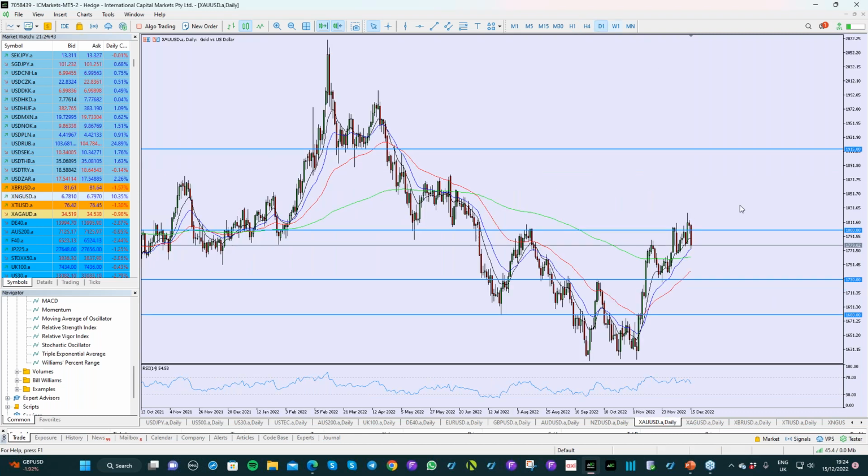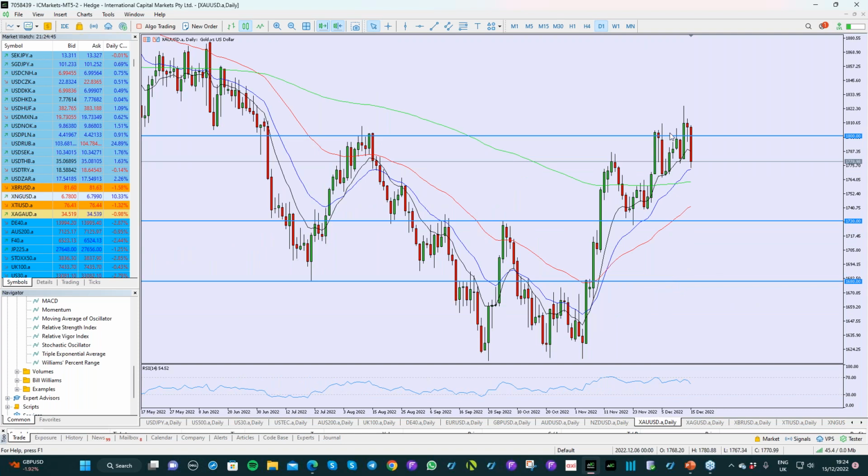So ideally I would be waiting for tomorrow's price action to play out, and if price continues bearishly tomorrow, I'd like it to get beneath this previous low here, and if that happens, then I would start to look for short opportunities on the intraday time frames.